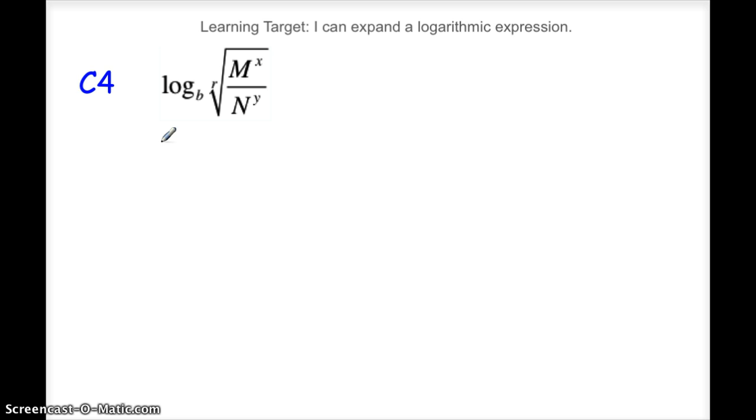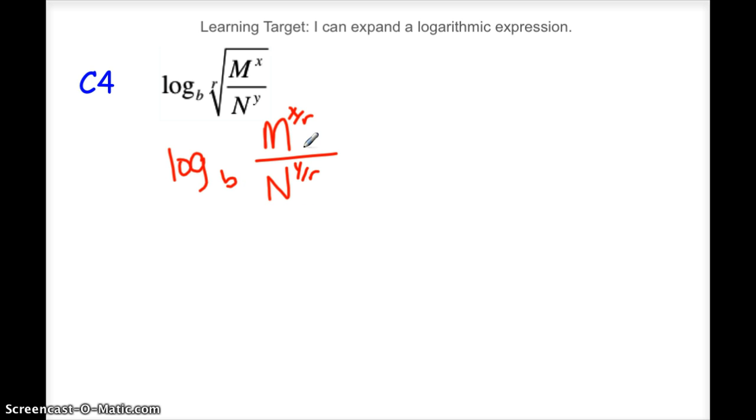Okay, one more generic one to look at. Same thing on this guy. When we've got that root house, so we're going to have M to the x over r power, because remember power over root, divided by N to the y over r. And so then just two things.